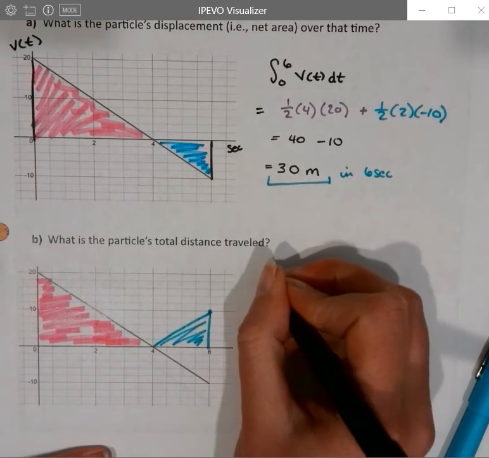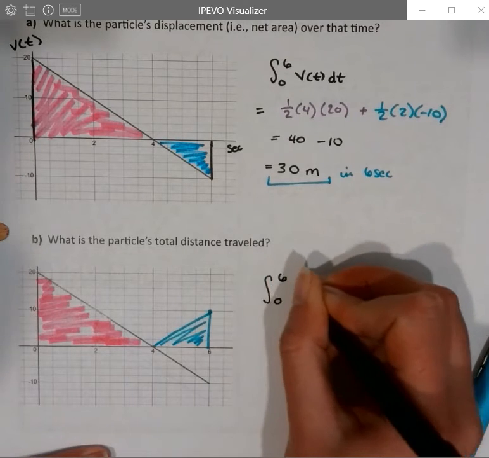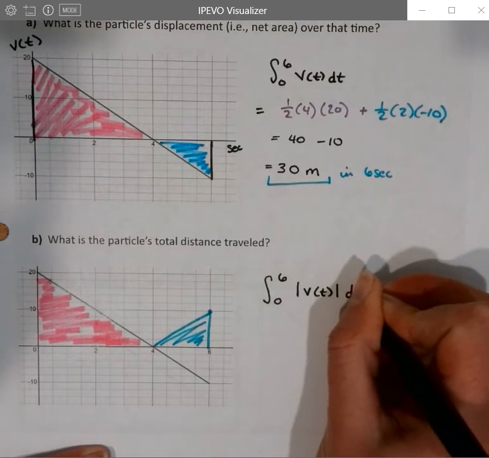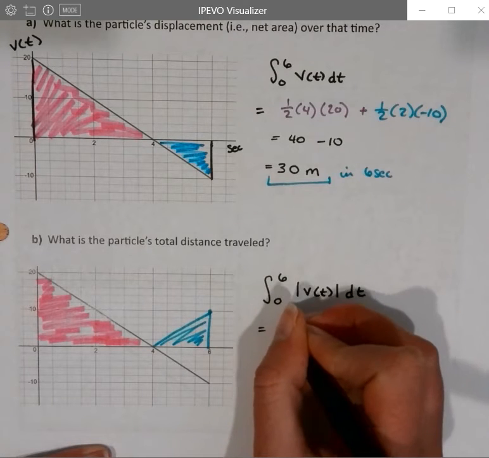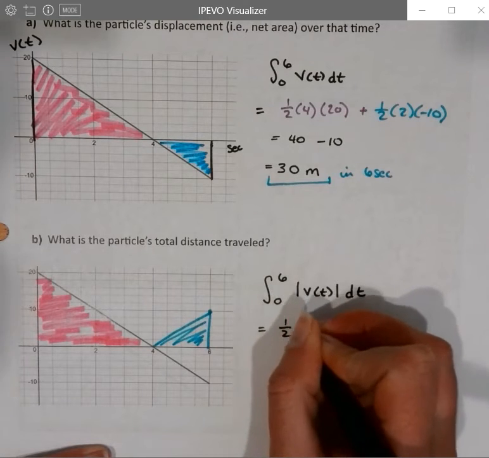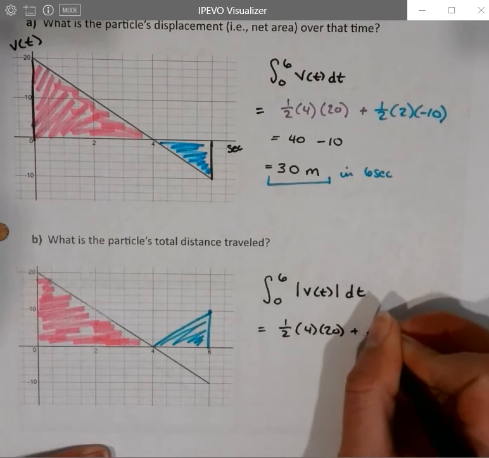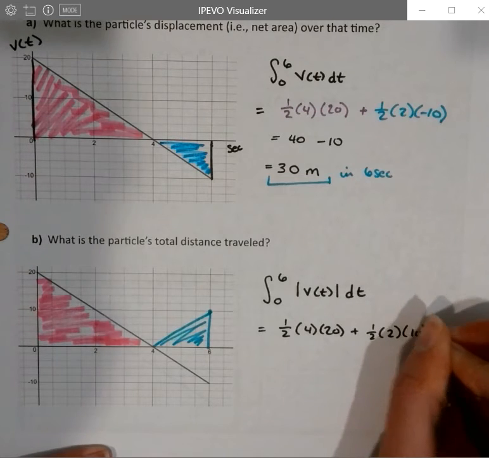So this is what it would look like if we did the integral from 0 to 6 of the absolute value of velocity, also known as speed, right? Speed is the absolute value of velocity. And so this is going to be our 1/2 times 4 times 20 plus our 1/2 times 2 times a positive 10 this time.